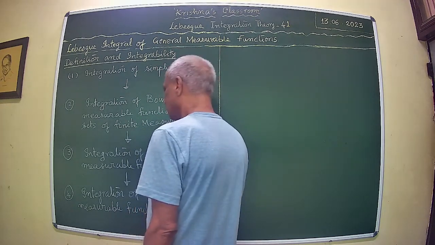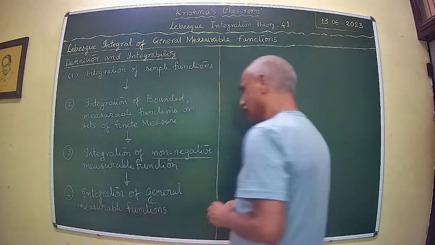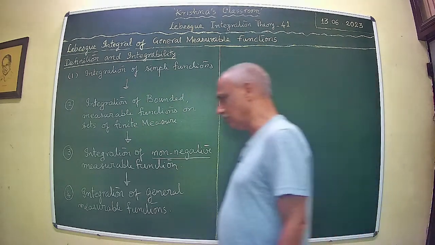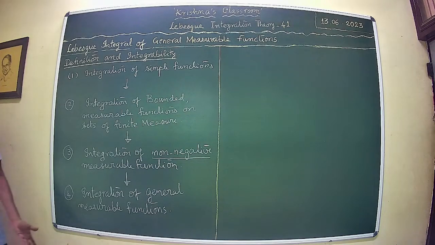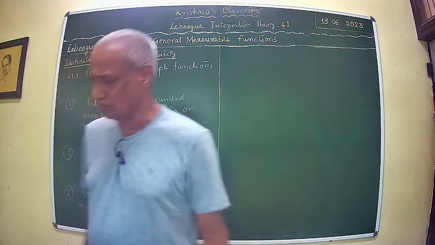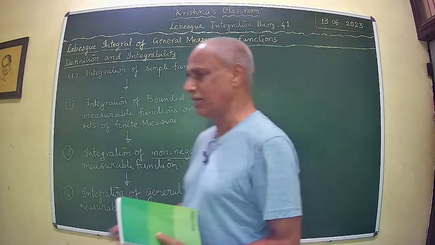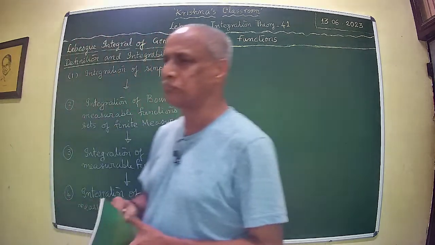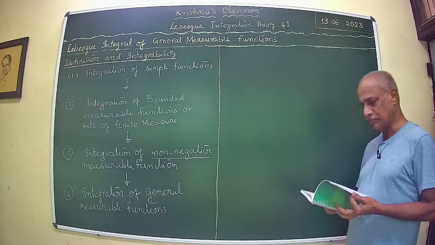Here, of course, we write a general measurable function as a sum of two non-negative measurable functions. This is the strategy that we are going to use. So that is just a brief recall of the various path we have traced. Now let us come to that point.